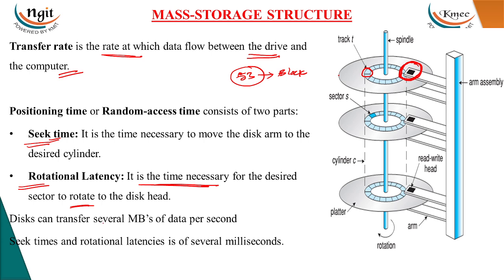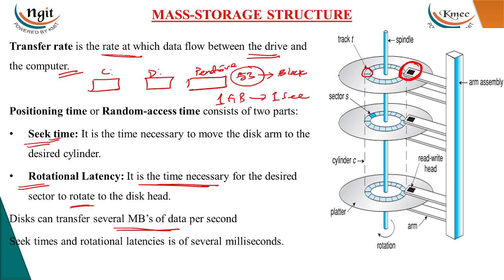Okay, so a disk can transfer several MBs of data per second. You can observe that when you copy data from one drive to another, C to D, or to a pen drive, an entire 1 GB is not copied in 1 second.